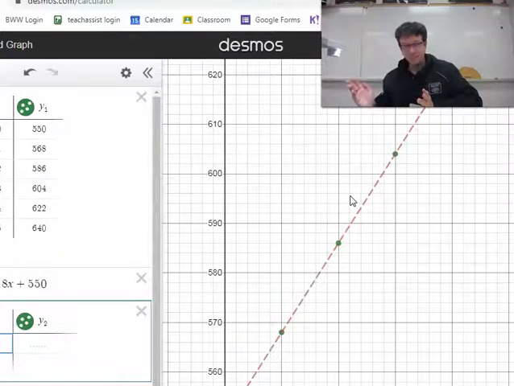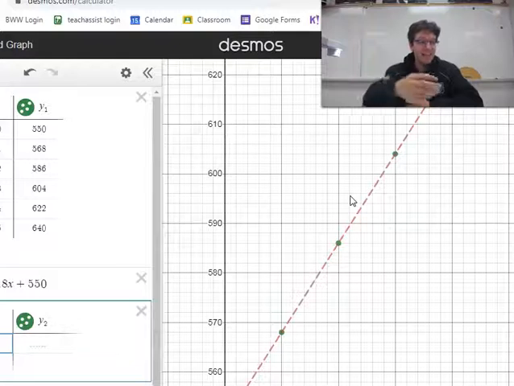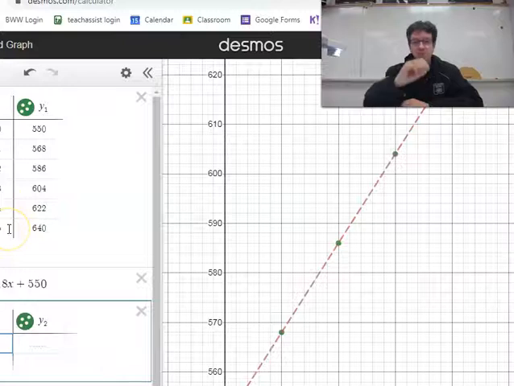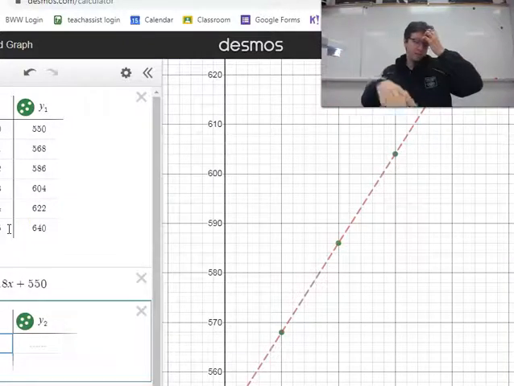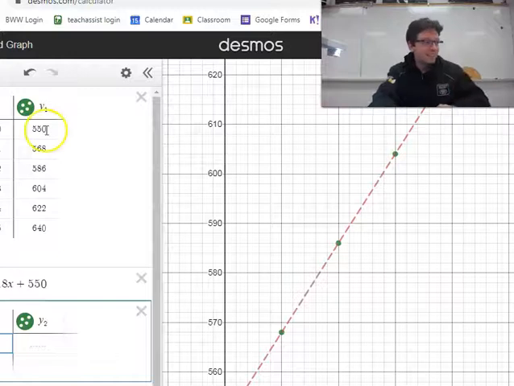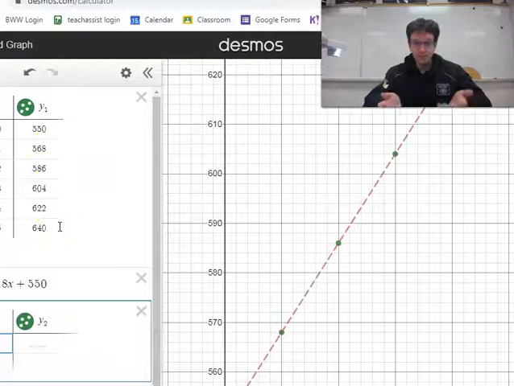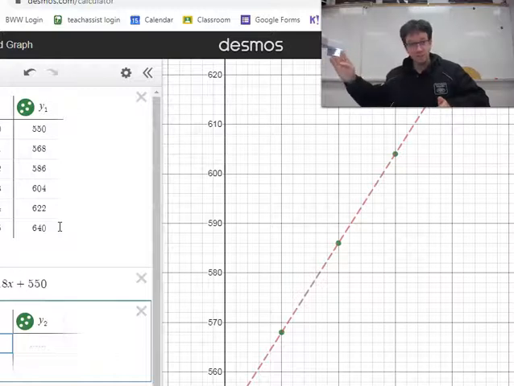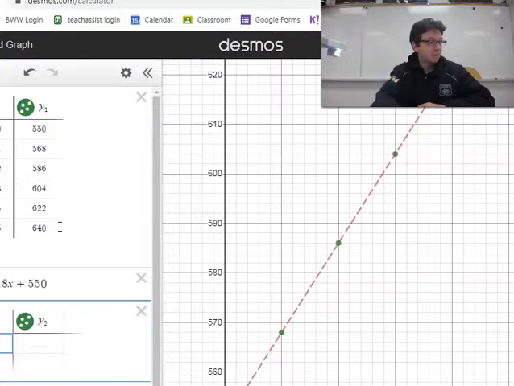So you would write the domain as existing at 0, 1, 2, 3, 4, 5, and you would have to write each of those numbers separately. Okay, and then you would write the range existing at these values as well. It's the difference between discrete functions that exist only at points and continuous functions that exist everywhere between those points. All right?